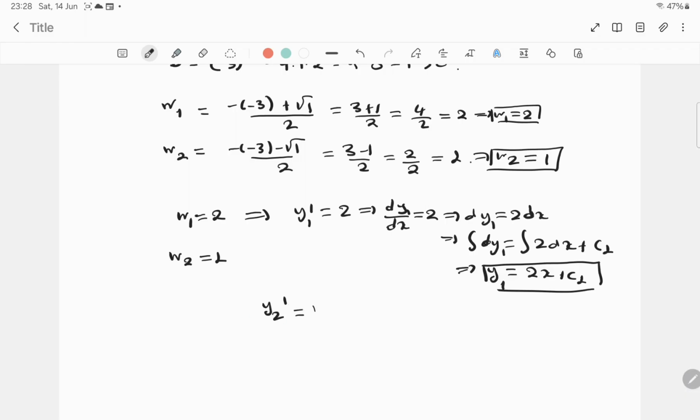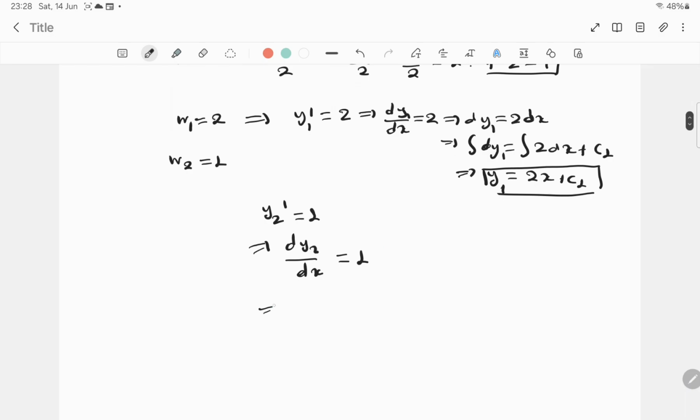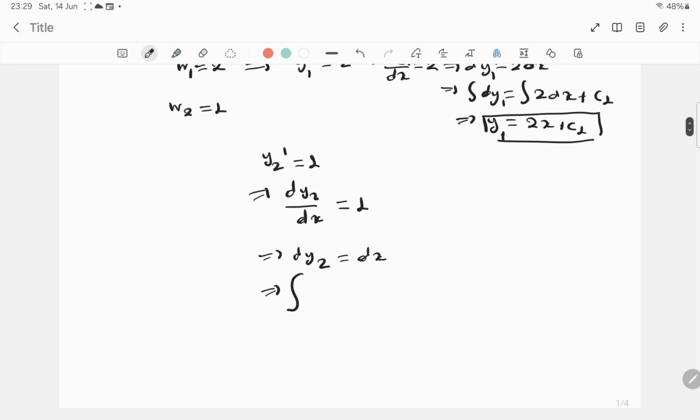y2 prime is equal to 1. dy2 over dx equals 1. dy2 equals dx. I use indefinite integration on both sides of the equation, and I have the integral of dy2 equals the integral of dx plus c2.